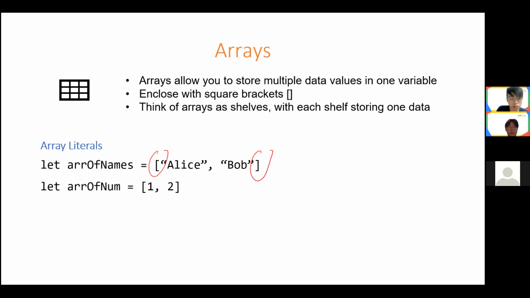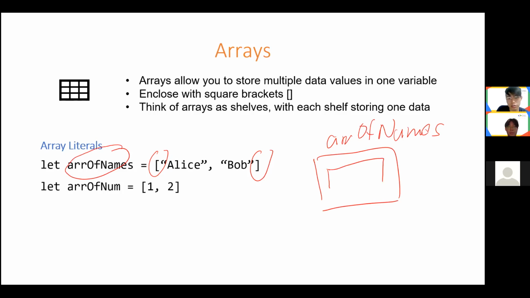Look here, we have a variable called array of names. Then inside, we'll have a shelf, and this shelf will store Alice. So this variable will store a shelf, or we call it an array, and this array will store multiple data.